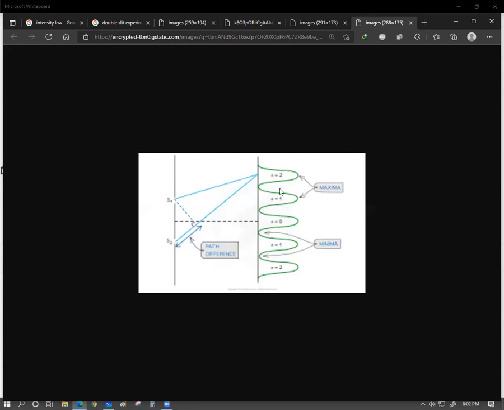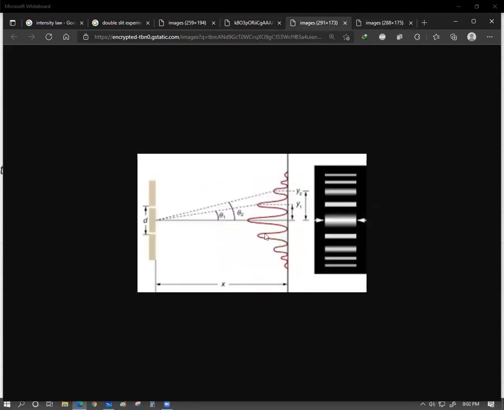But because attenuation happens, this is the type of graph that we get. We have the highest, brightest location at the center, and all the dark spots are perfectly dark. You can see that for all the points where we are supposed to have destructive interference, the intensity graph is perfectly reaching the x-axis, the zero value. But for all the points which are supposed to give us bright spots, they don't give us an equal amount to the central maxima.